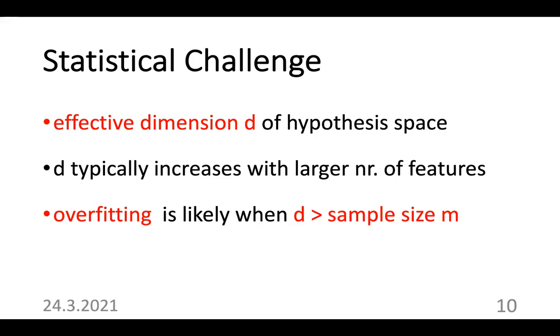Overfitting typically kicks in as soon as this effective dimension of the hypothesis space is larger than the sample size, which is the number of training data points. And we rarely have billions of labeled data points. If you consider the design of a personalized vaccine, a labeled data point would mean to have a person being tested on a new vaccine candidate.